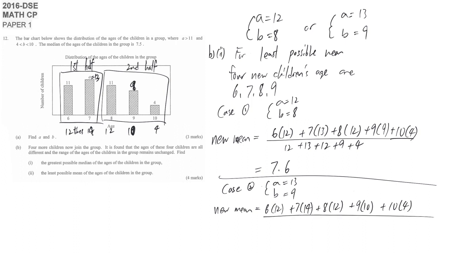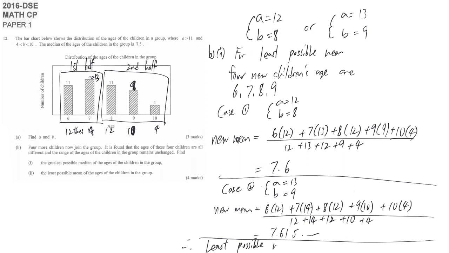The total number of children, 12 plus 14 plus 12 plus 10 plus 4, gives a mean of 7.615 something something. So this is larger, so the least possible mean is equal to 7.6.